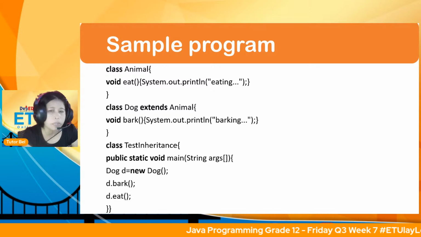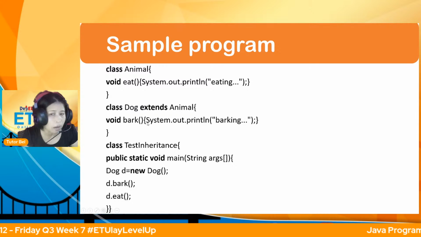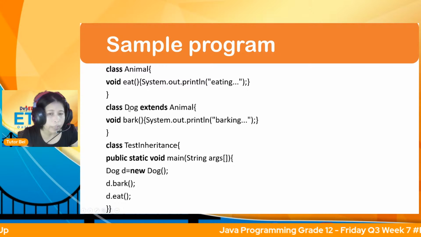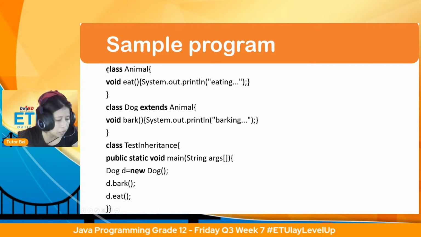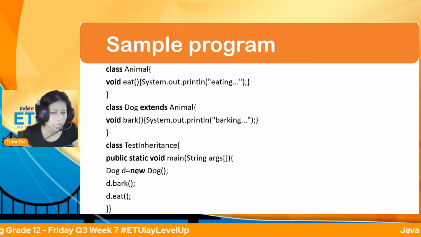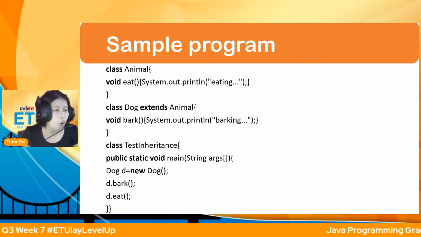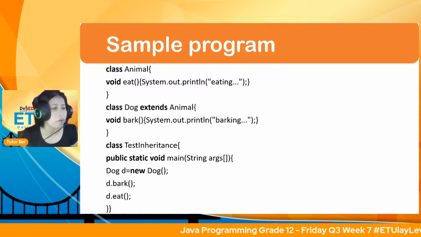So ibig sabihin, hindi na tayo gagawa ng code for the eat method, kasi e-extend na lang natin siya. In-extend natin yung class na Dog to get the method eat na galing sa Animal. So there is reusability and there could be less code. That is the advantage of using inheritance.